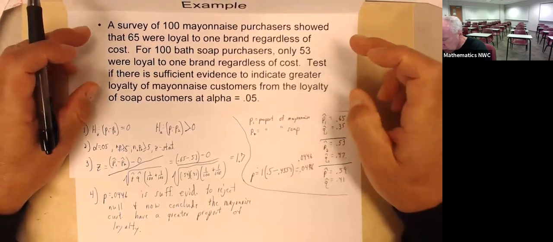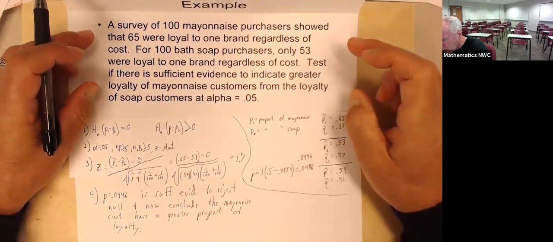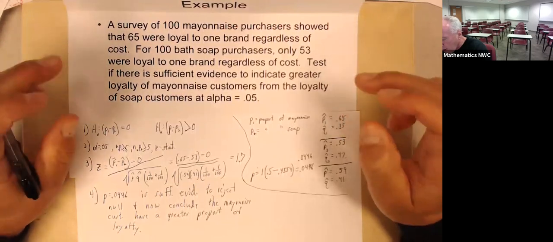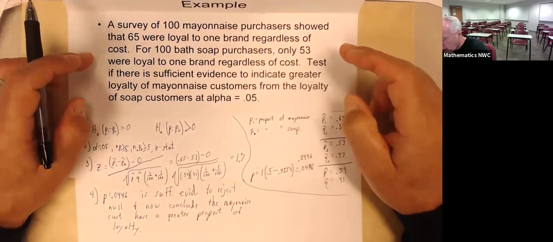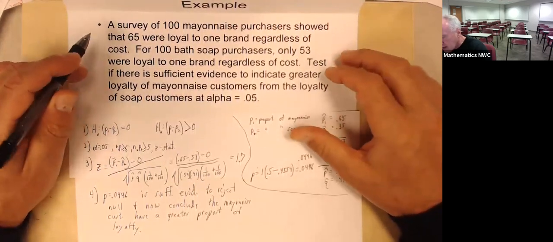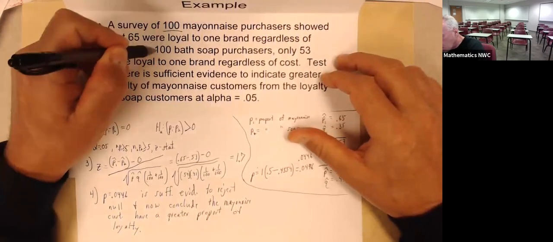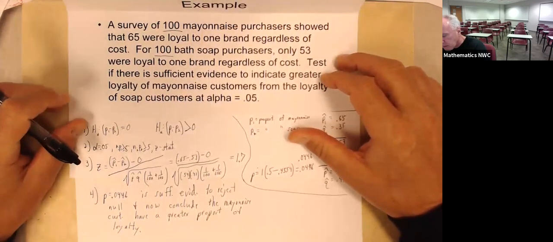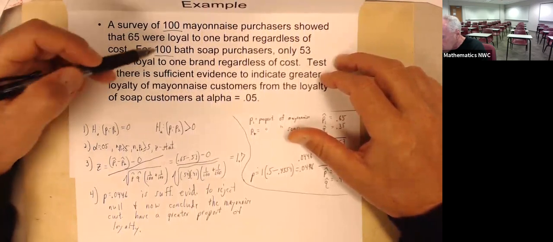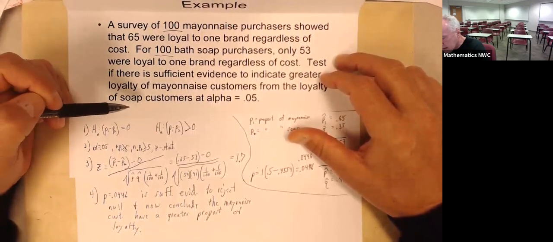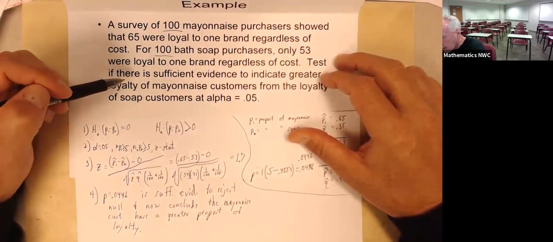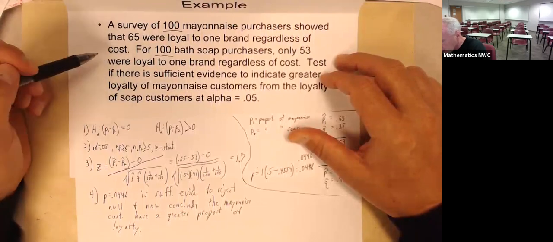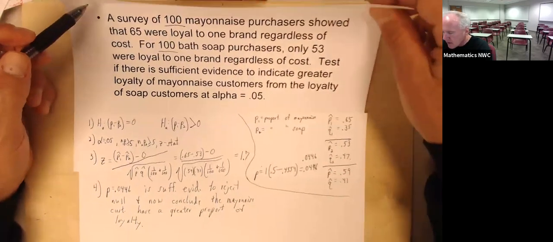Whenever it's two populations, you have to have two samples. If you do not have two samples in the problem, it is not about two population proportions.